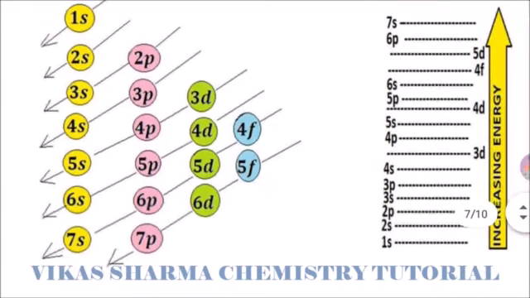First you make 7 spheres for the s orbital, then 6 spheres for the p orbital, starting from principal quantum number 2. For d you make 4 spheres, since the d orbital always starts from principal quantum number 3, and there are only 2 f orbitals, 4f and 5f, in the f series, starting from the number 4.